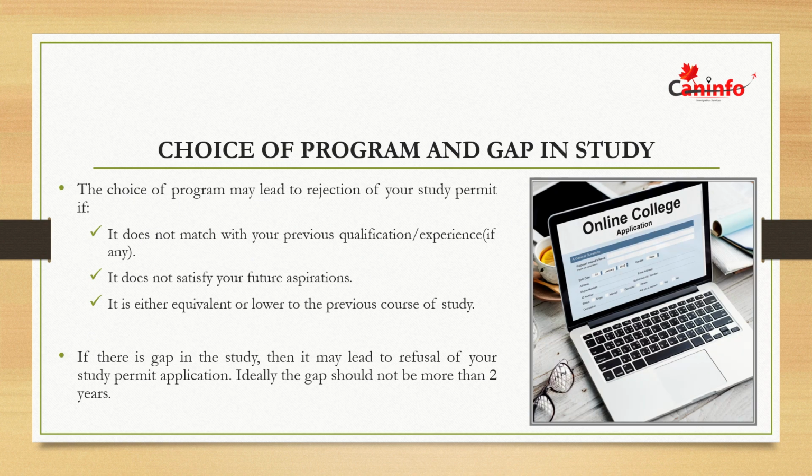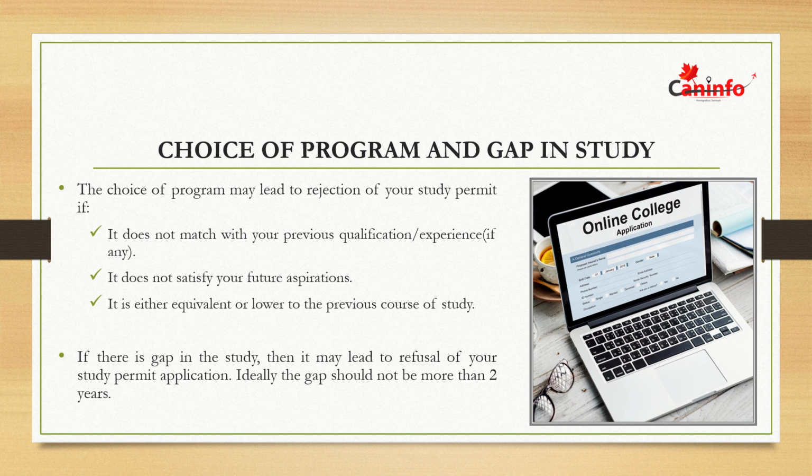So we'll start with the choice of program and gap in study. The choice of program is key for a study permit application. So your choice of program should be very vigilant. While choosing a program, you need to take care of a few things.